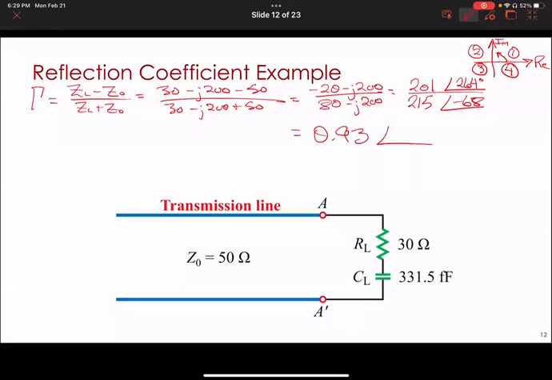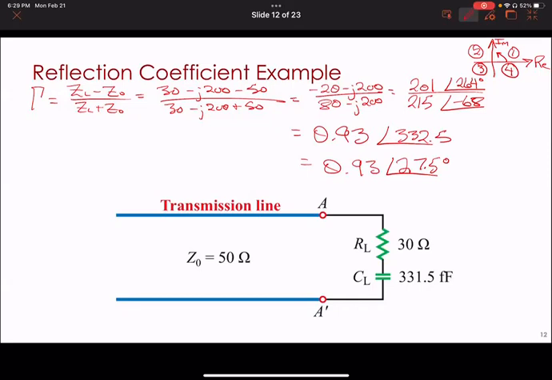An angle would be like 332.5. Now you can always add or subtract 360s, right? Because it's one full rotation. So if you subtracted 360, you get minus 27.5 degrees.